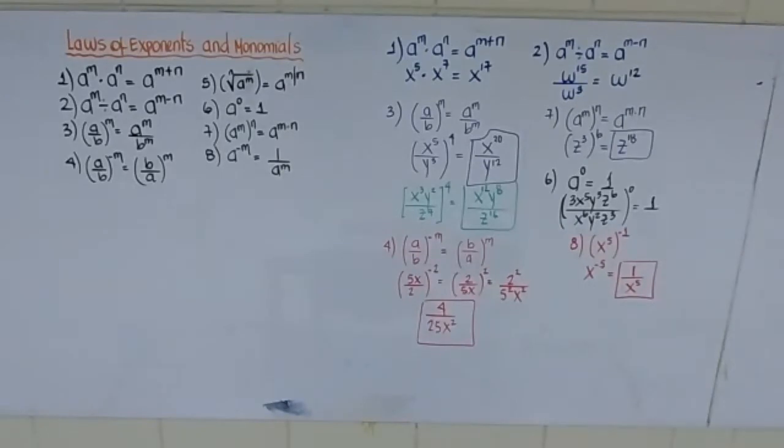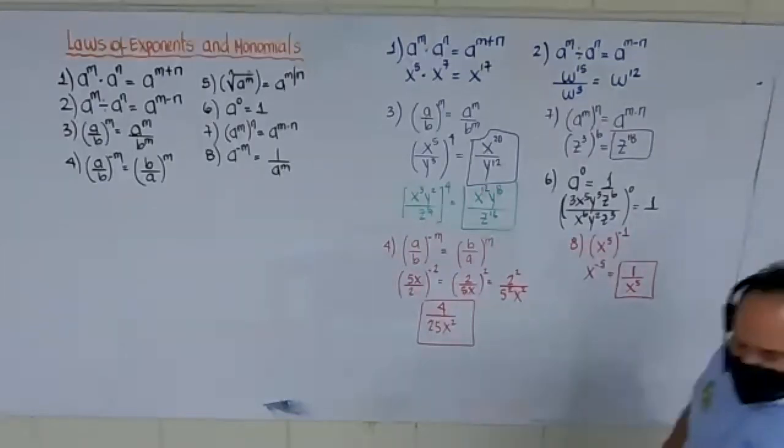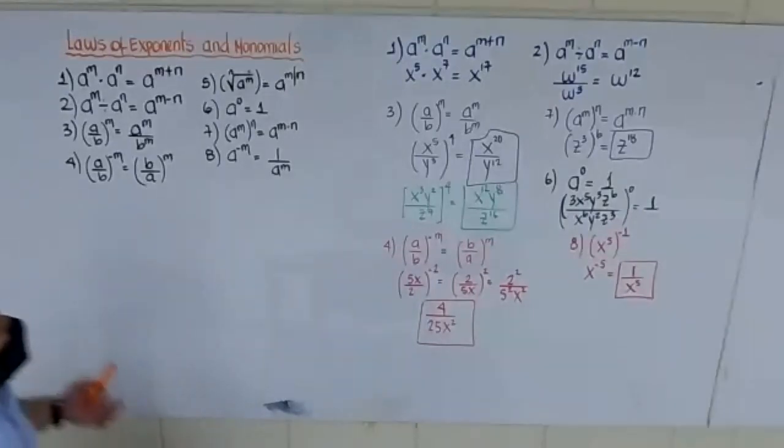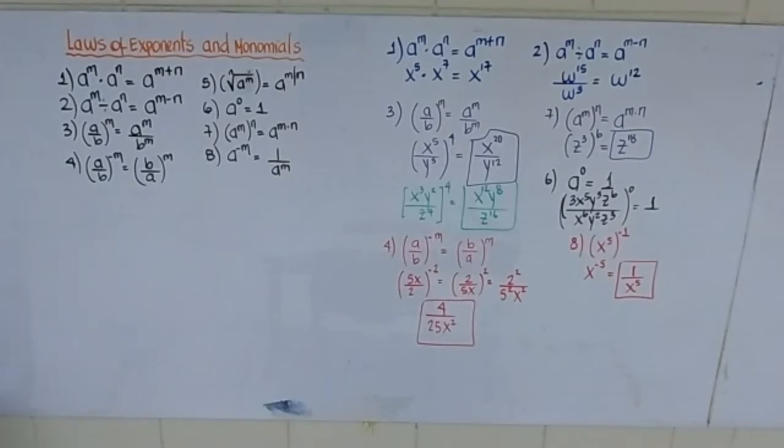Okay? So we are studying rules 1, 2, 3, 4, 6, 7, and 8. We're skipping rule number 5 because this is the chosen one, the last one, the most beautiful of the rules, because this is the newest part.